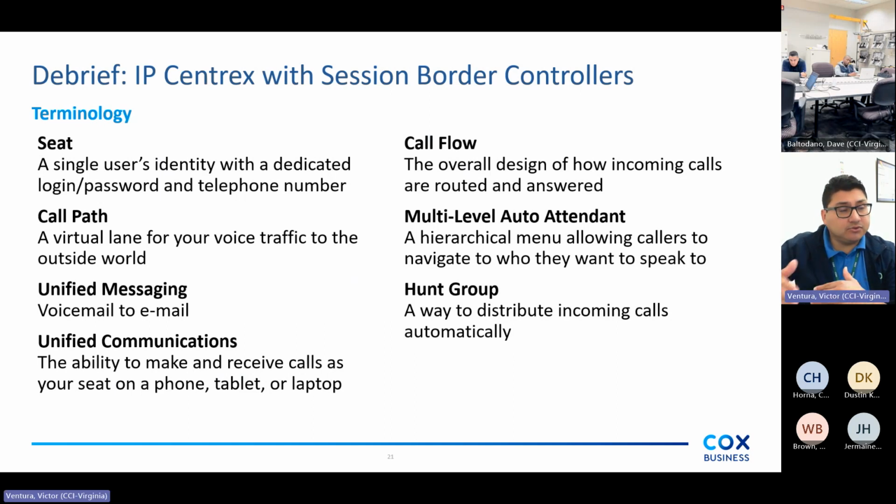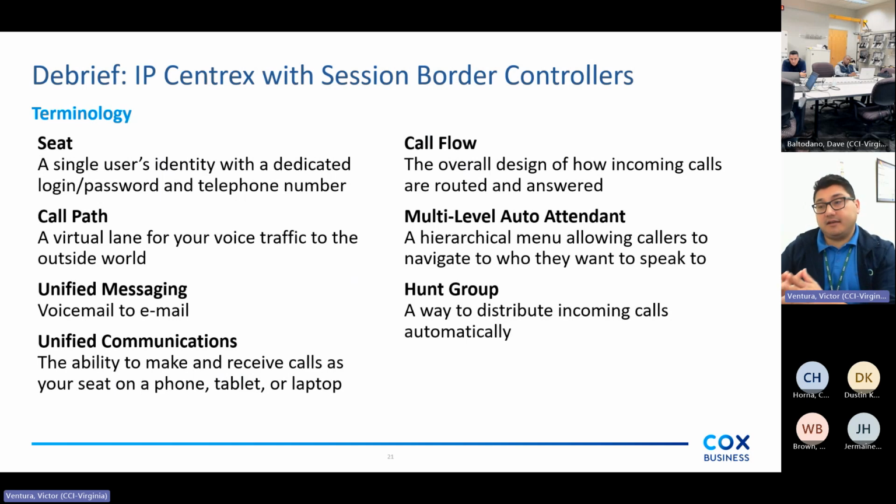The call flow can also include a hunt group. A hunt group is how calls are distributed. Maybe on the call flow, the customer has, okay, when you're calling in, you're going to call the receptionist first. And if the receptionist doesn't answer, the calls are automatically going to ring to 2 other desk phones so they can answer the phones.